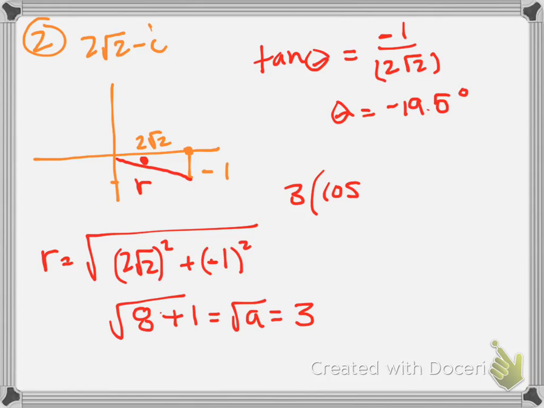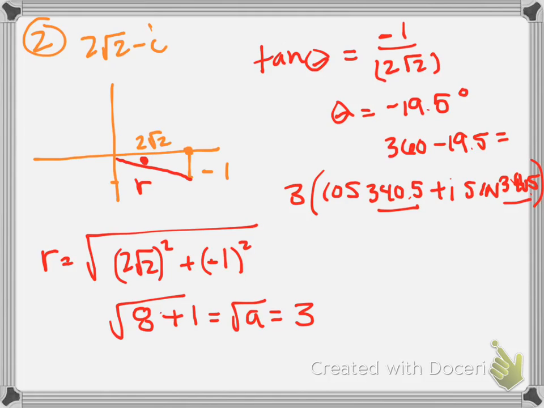I can't use -19.5 because I want to be between 0 and 360. So 360 minus 19.5 is 340.5. So I got 340.5 plus i sine of 340.5. I'll fit that in as well as I can. This is 340.5 and that is 340.5.